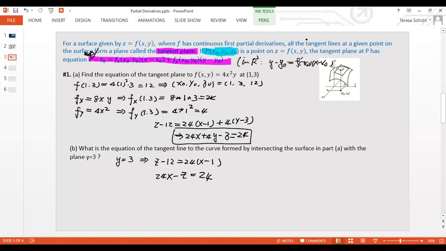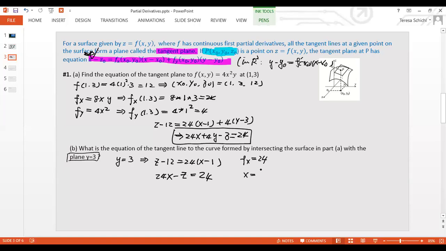Okay, so the line we try to find is along the x-axis, and the plane is y equal to 3. We know f_x from before is 24, and the z value is 12, right? So we use the parametric form.